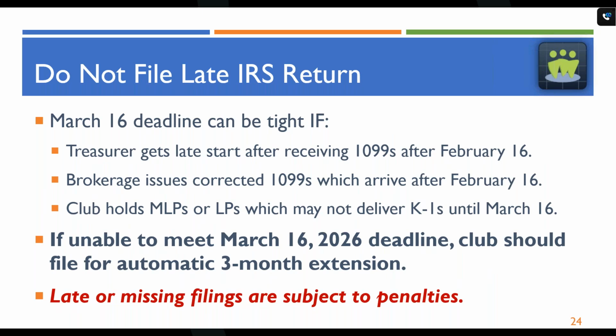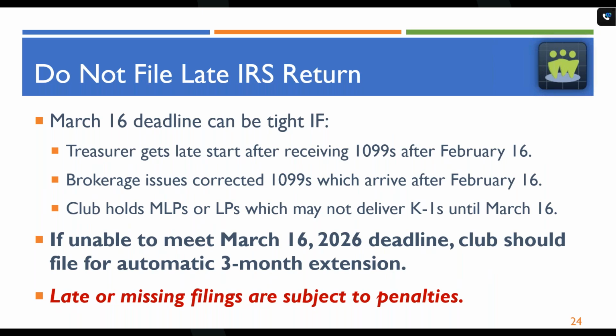I've seen some a week before the filing deadline come out with a corrected 1099. Actually, one of my clubs received a corrected one after the deadline, so we had to file an amended return.